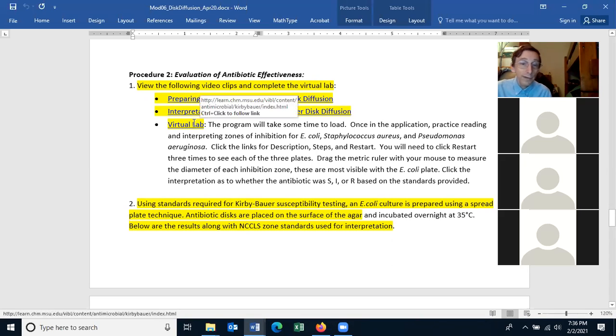This program, once you start it, click on the link. It will take some time to load, so give it some time. After several minutes, 3 to 5 minutes, if it isn't working or it shows you a message saying that the Flash player isn't going to play, something like Flash has been discontinued, you try your best, use a different browser to try and get it to run.